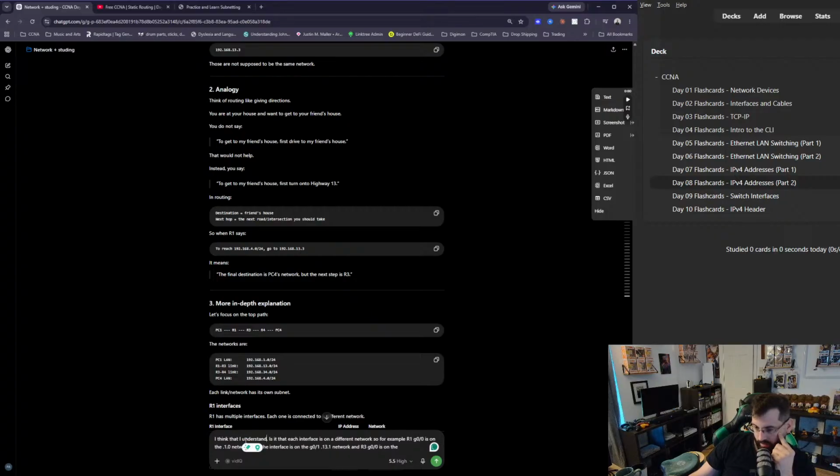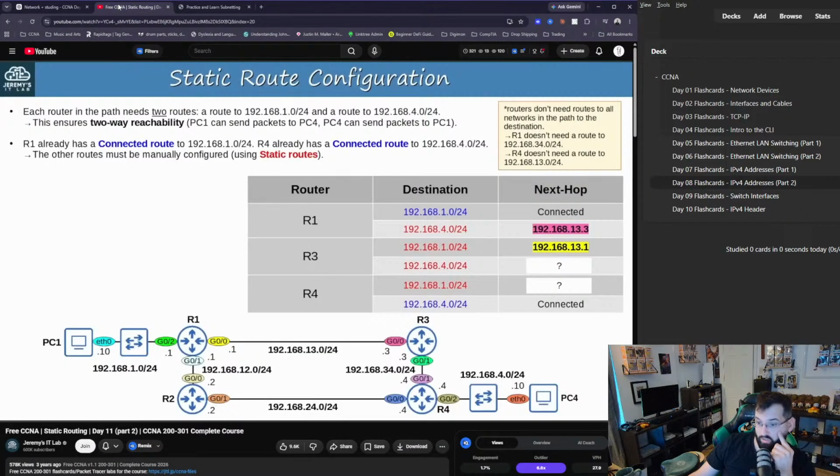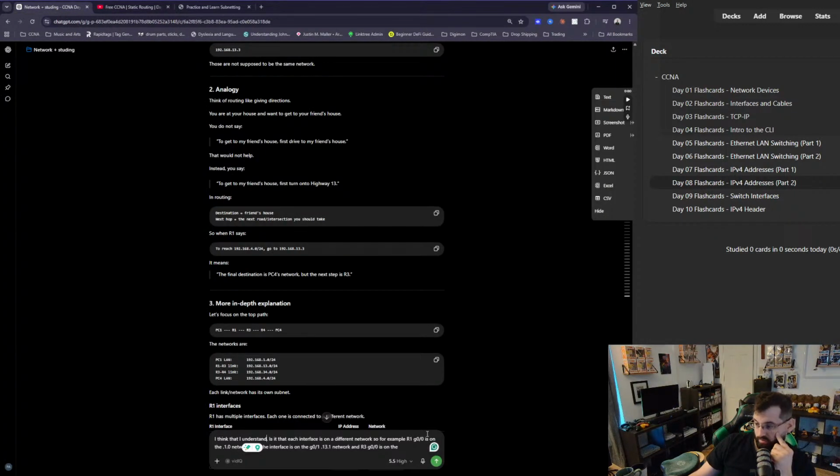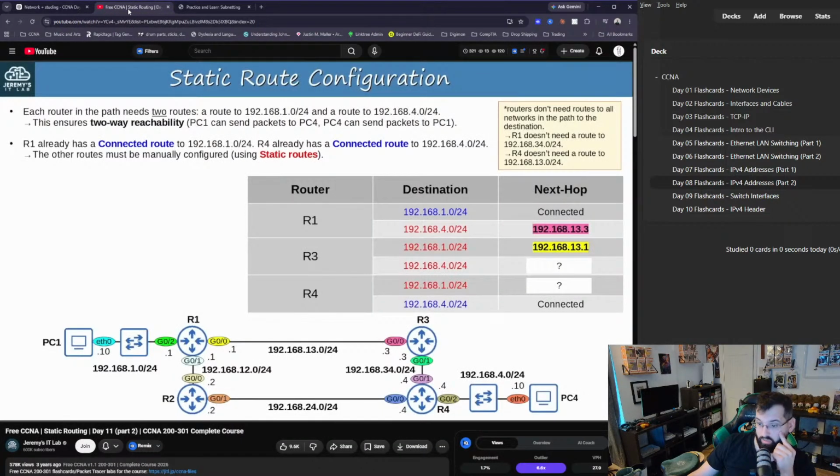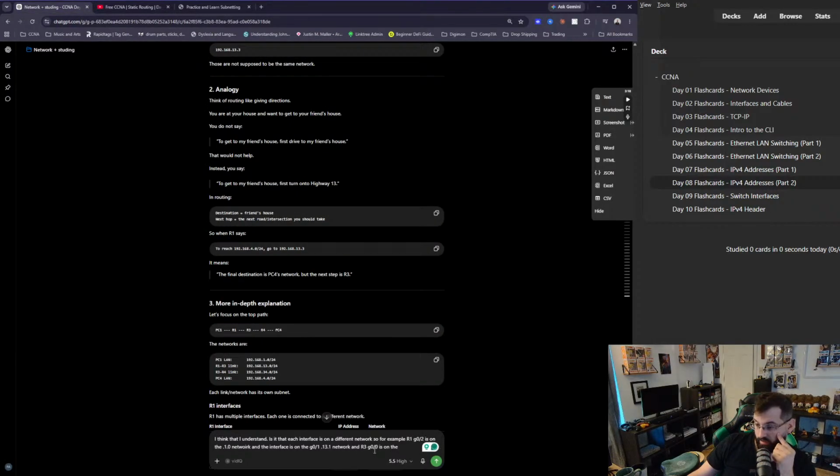Okay, I think that I understand. Is it that each interface is on a different network? For example, the R1 G0/0. No, it's G0/2. G0/2 is on the 1.0 network, and the G0/0 is on the 13.0 network.